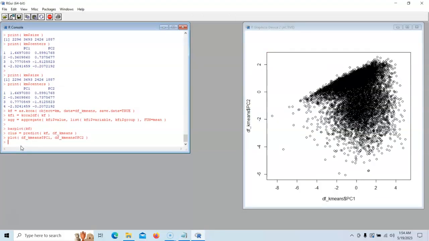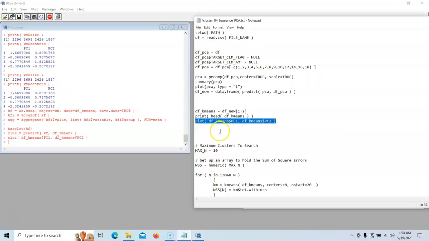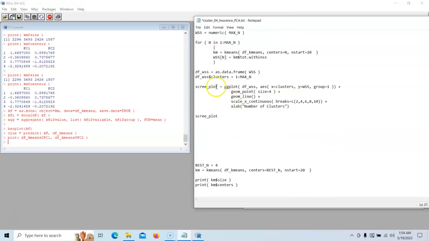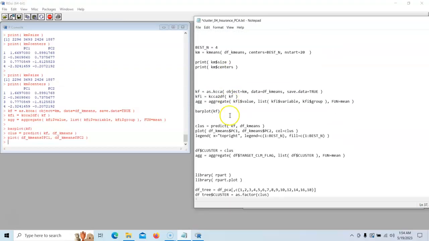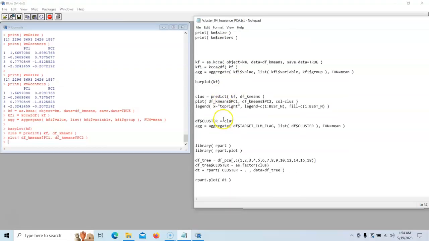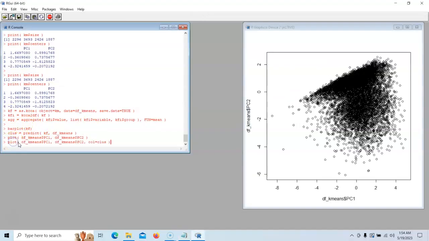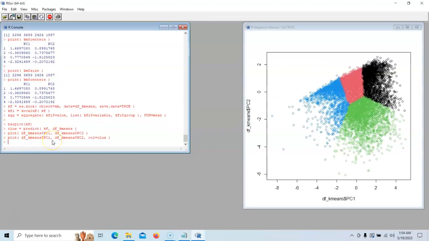And now we're going to plot with color. Voila, there we go.